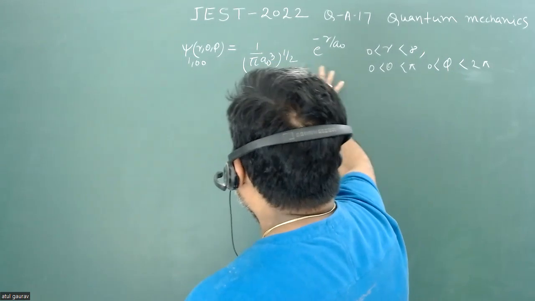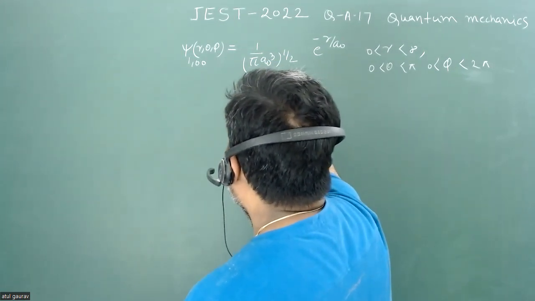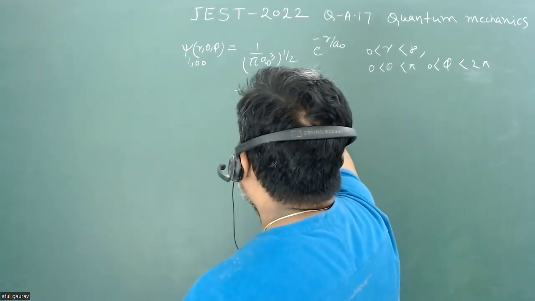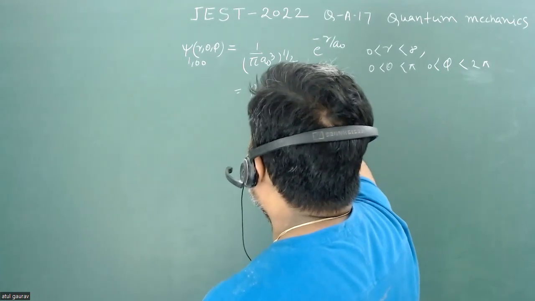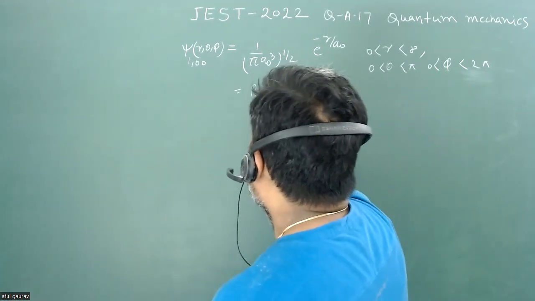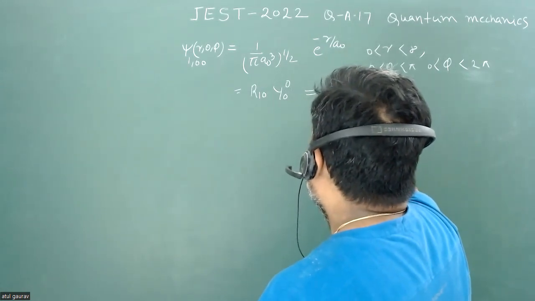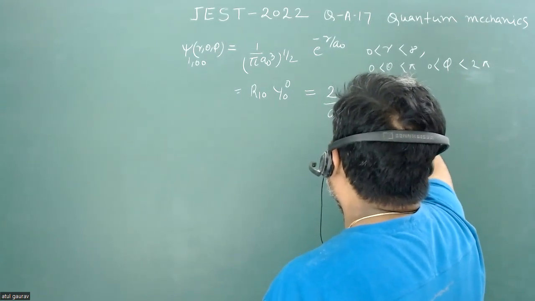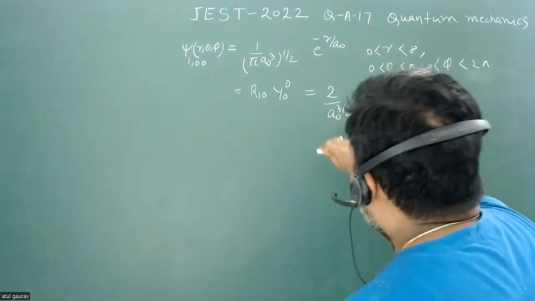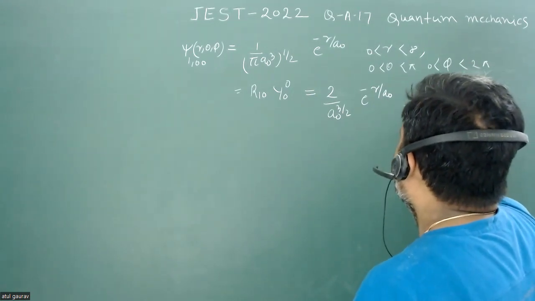If we separate the two parts, we have R10 Y00. This is the radial wave function and this is the spherical harmonic for the ground state. The radial part is 2 upon a0 to the 3 by 2 e to the power minus r by a0, and the spherical harmonic Y00 is 1 upon root 4 pi.